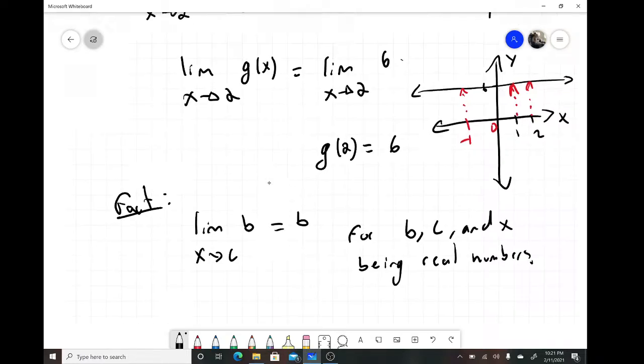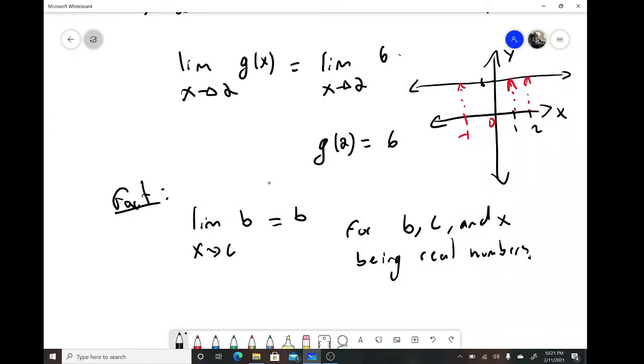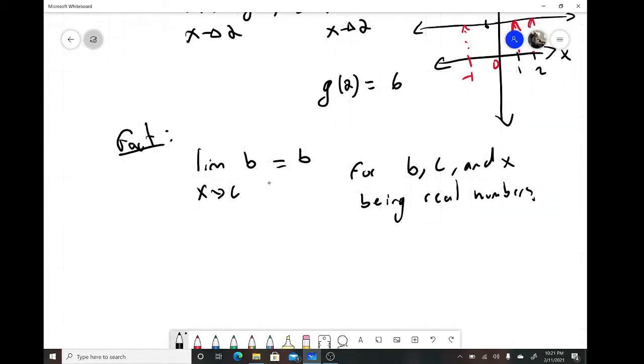So if b, c, and x are real numbers, then this is always true. The limit of a constant is simply the constant. Okay, so this is the first big rule that we have when it comes to evaluating limits analytically.